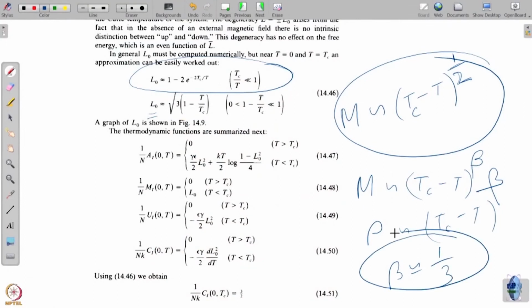This is called the equation of state exponent, and as I told you, magnetization is the same as density. In an order-disorder transition, again it is the probability of a site being occupied by copper, or you can say composition, the density of copper minus the density of zinc, exactly the same thing.